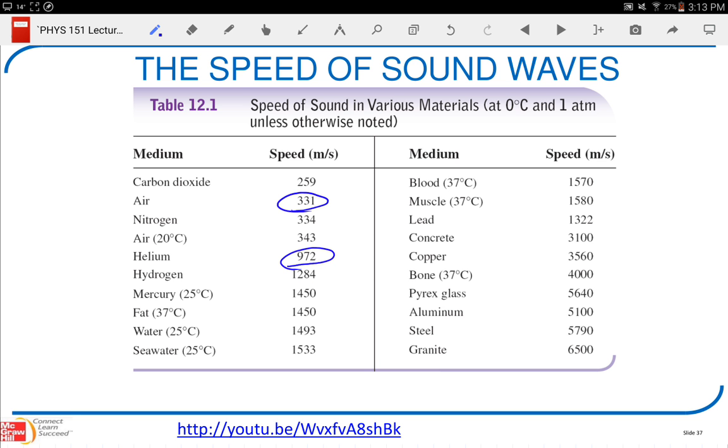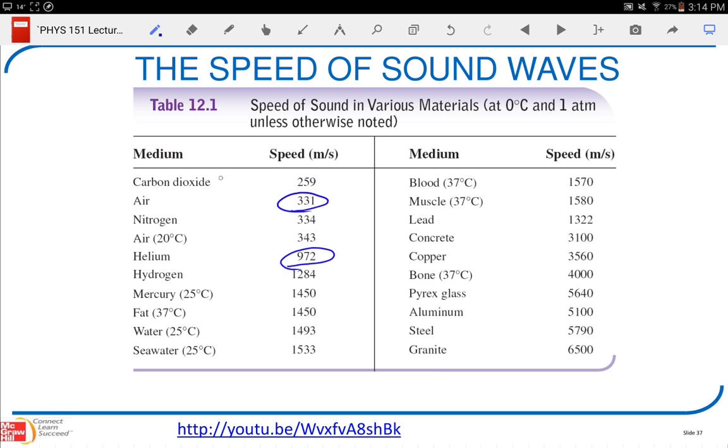That makes a difference when I have helium filling my voice box instead of air. The sound travels 3 times faster, and that makes the resonance 3 times higher frequency. So if I breathe in helium, my voice goes up in pitch by about a factor of 3 in frequency, because of the faster speed of sound in the gas.